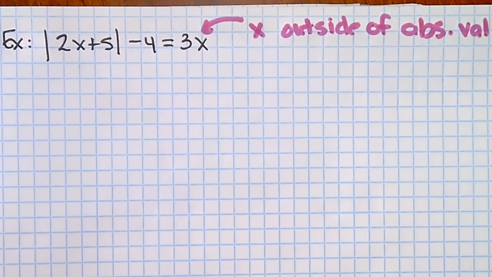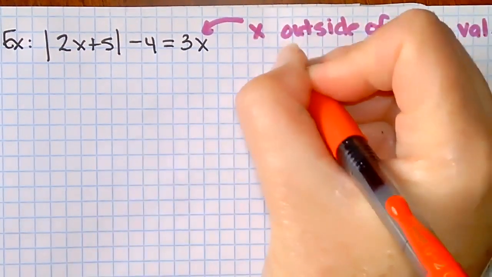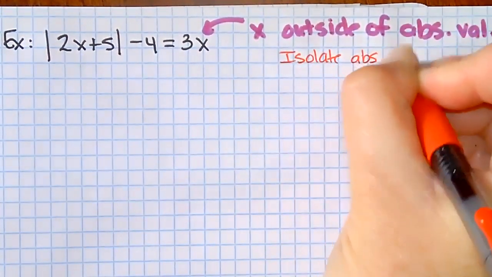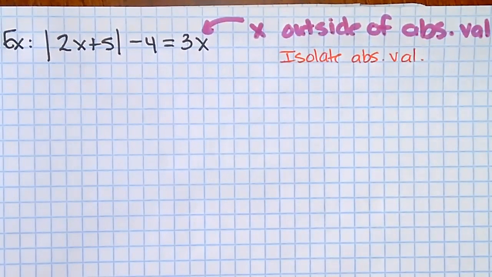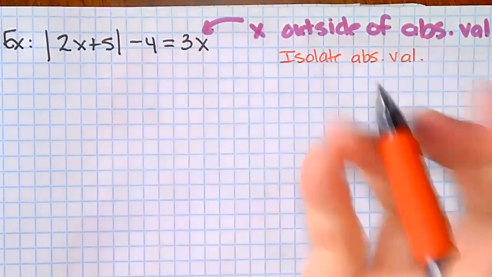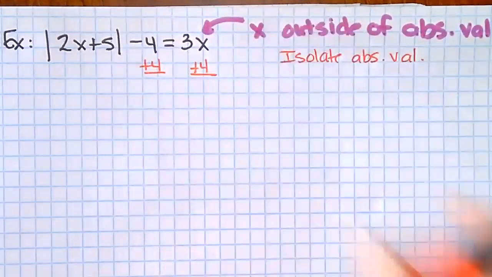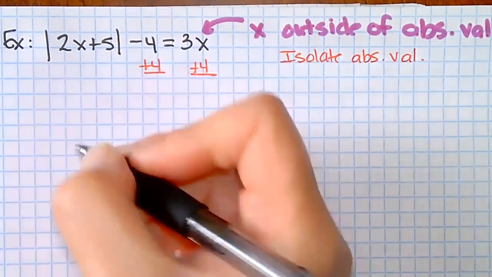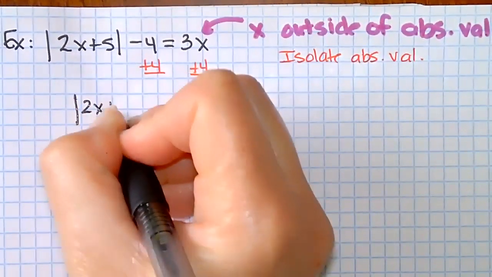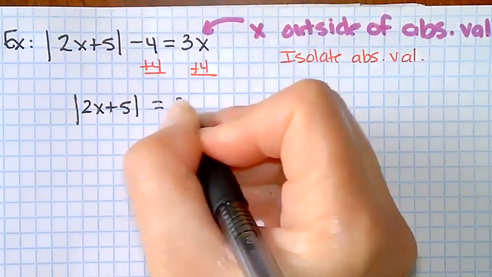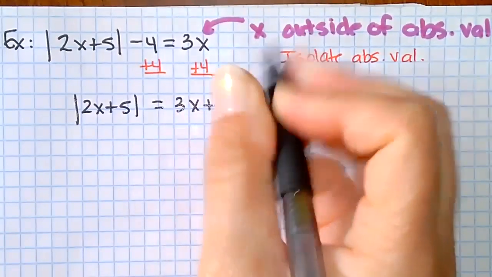So my first step is still the same step I was doing before. Isolate the absolute value. So I'm going to add 4 to both sides. On this side, I have the absolute value of 2x plus 5, so it's isolated, equals 3x plus 4.